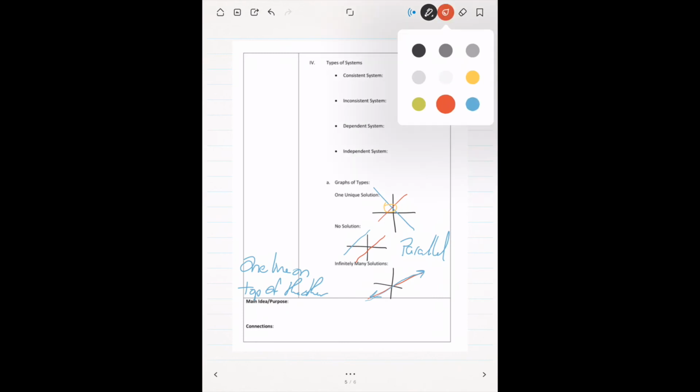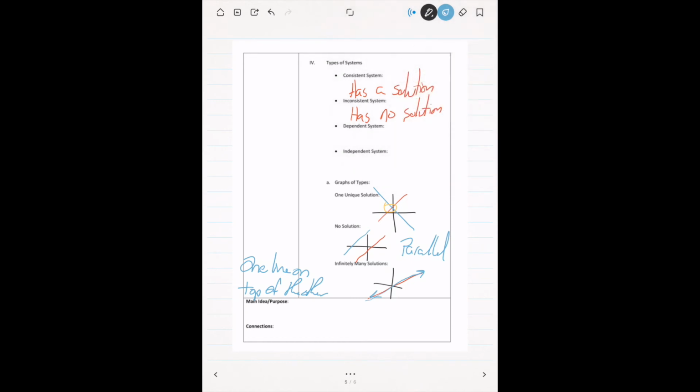Now, these systems have different vocabulary to them. There's something called consistent and inconsistent, and then there's something called dependent versus independent. A consistent system has a solution. An inconsistent system has no solution. So consistency, whether it's consistent or inconsistent, just talks about whether it has a solution or not.